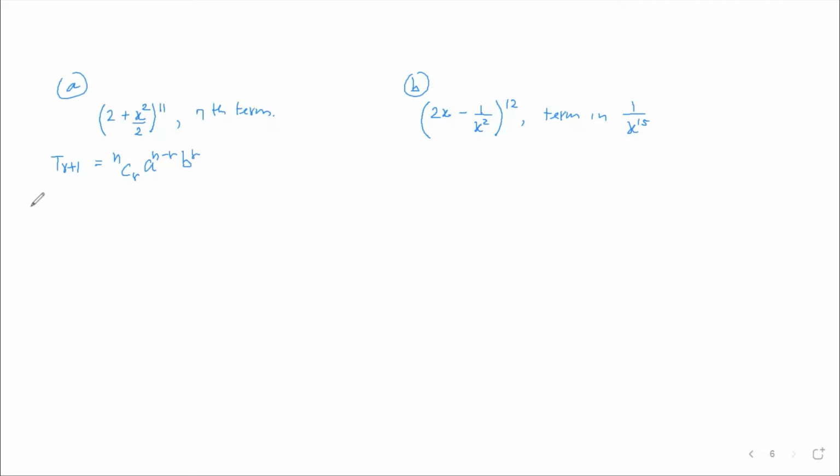Again, in this case, we write down from the expression they give to us. We have n equal to 11, and a equal to 2, b equal to x power 2 over 2. But r is unknown.